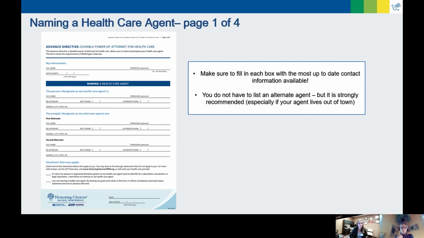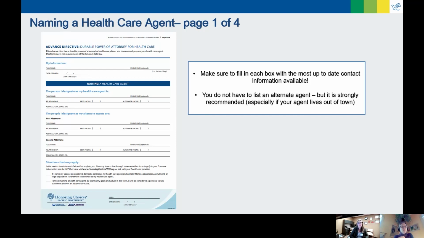As it says on this bullet point, you do not have to list an alternate agent, but it is strongly recommended, especially if your agent was to live out of town. So you absolutely can name a healthcare agent who lives across the country or a few hours out of where you live. That's completely okay.